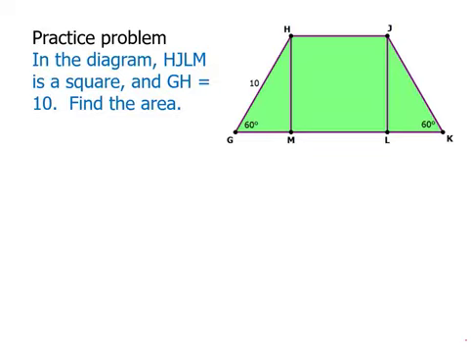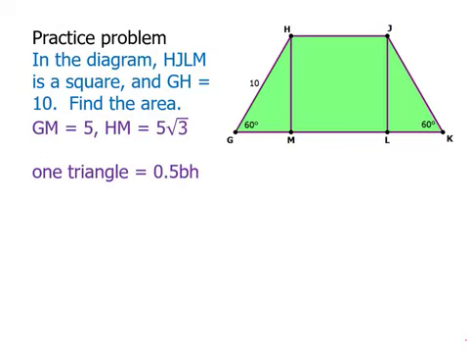We have two 60-degree angles, so we have two 30, 60, 90 triangles, one on each side. So first of all, we can find the proportions. We know that GM equals 5. We know that HM equals 5 root 3.